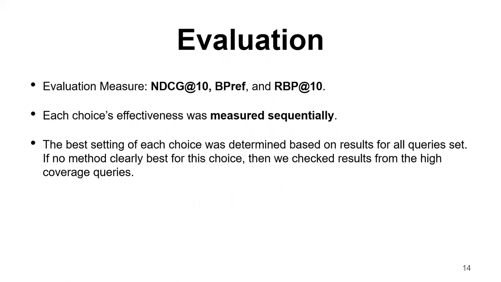The best setting of each choice was determined based on average results for all query sets. However, if there's a discrepancy, then we check results from the high coverage queries. What are the high coverage queries? I will explain that a bit later.